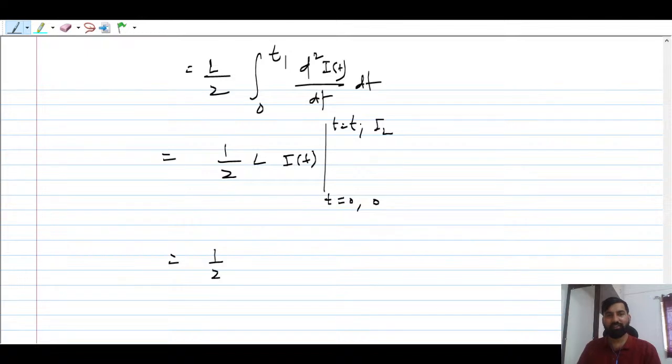So the current is fixed at a steady state. This is the energy I'm telling you at a steady state, because this is the maximum current that can flow, IL.